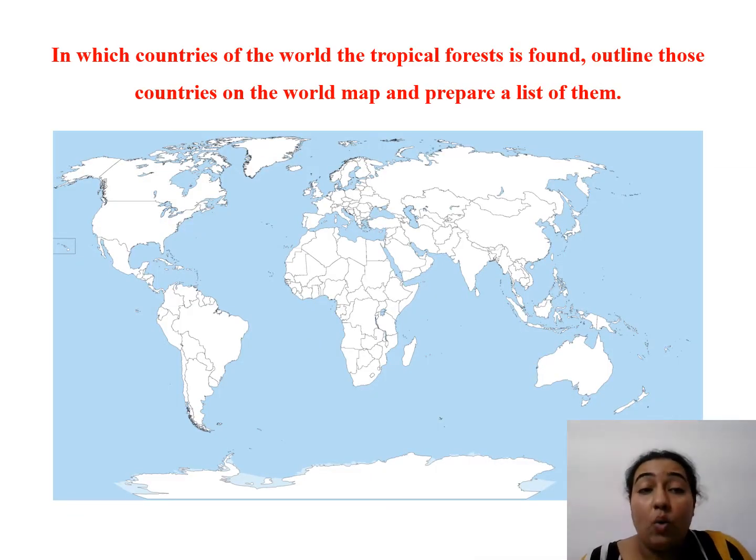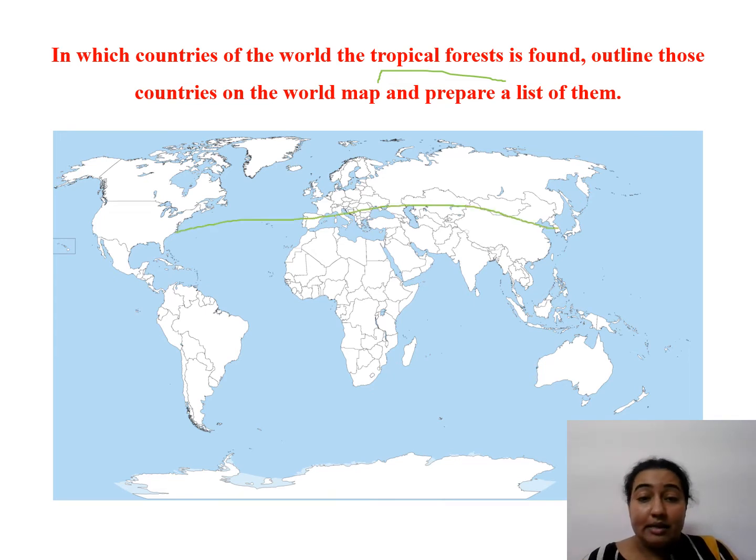Next, in which countries of the world is tropical forest found? Now we have just discussed that tropical forests are somewhere near the equator, not too far, not too near. So which countries can be found? It's the countries that lie on this part, which is not far from this and not far from this portion.